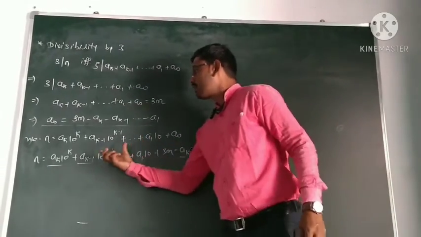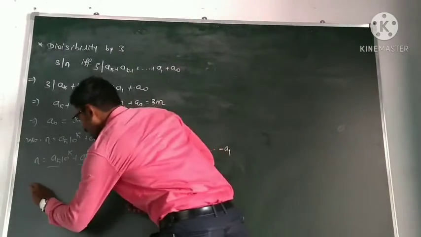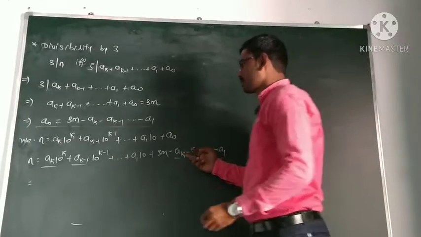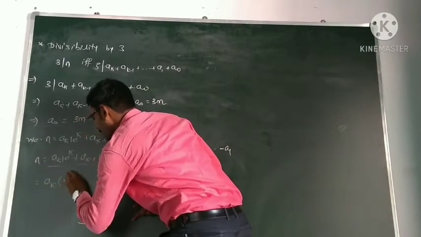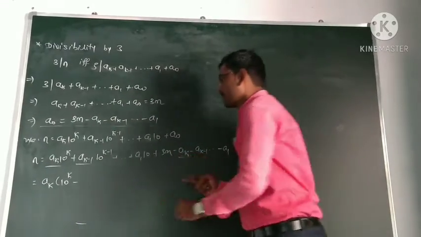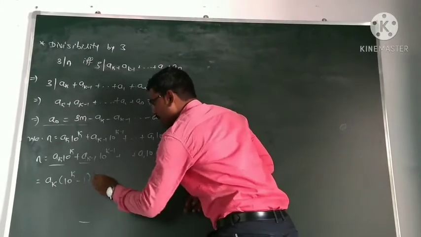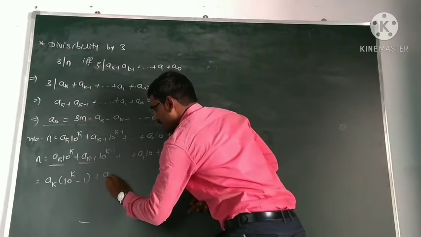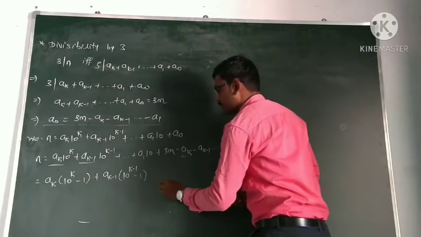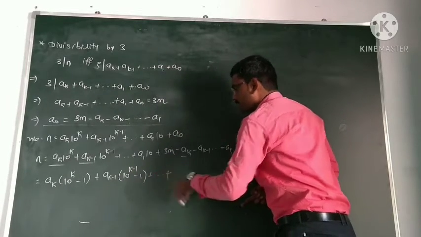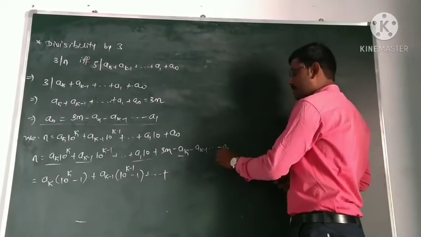Taking the common terms outside, we get, now here ak and ak are common. So here ak, here 10 raised to power k is the multiple and here minus 1 is the multiple. Okay. Similarly, plus ak minus 1 is also common. Here the multiple is 10 raised to power k minus 1. Here minus 1. So up to so on. Here 10 times a1, here just minus a1.